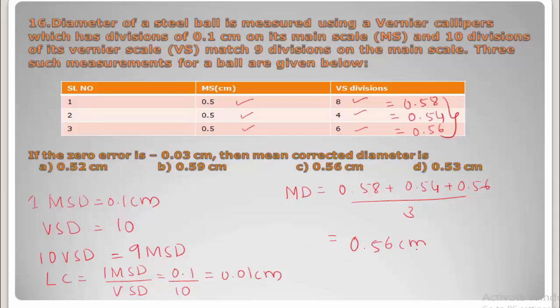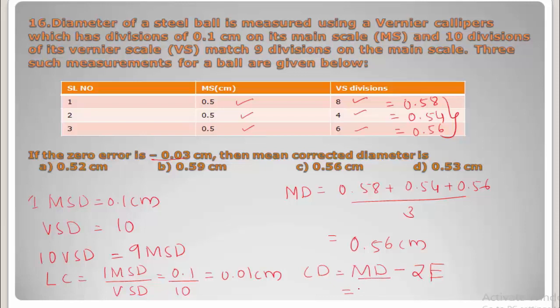Mean diameter is 0.56 centimeter. The corrected diameter is mean diameter minus zero error. I think you remember in your practicals you measured the mean corrected diameter by subtracting the zero error from the mean diameter. The zero error is already given. What is the zero error? Minus 0.03.